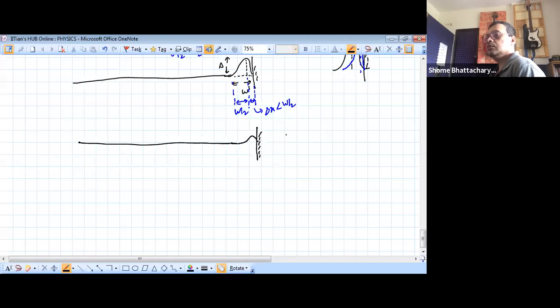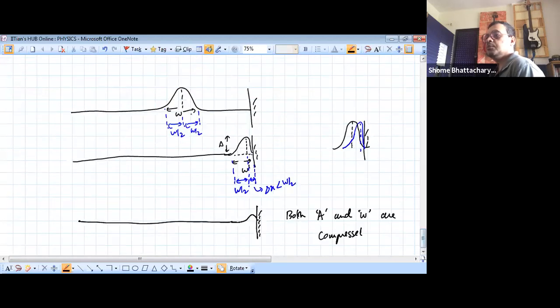So now both A and W are compressed. But all this while you can also see that the peak point is still moving closer to the boundary.